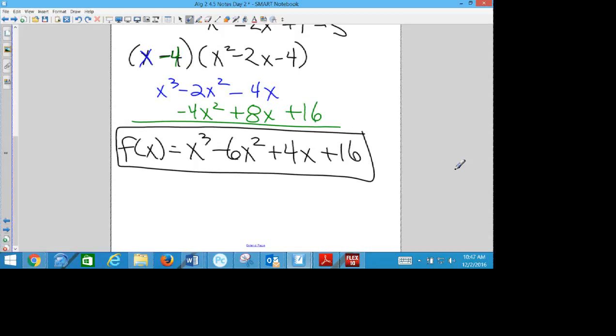So now take that and divide by this. Same as what we just did, just easier to multiply those first.